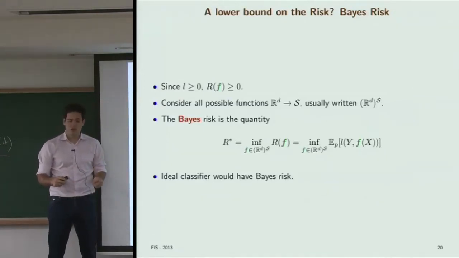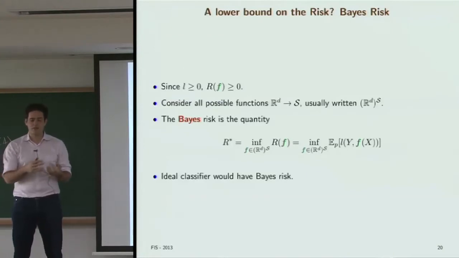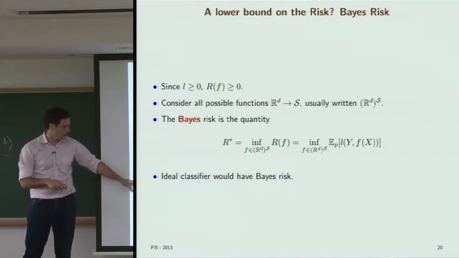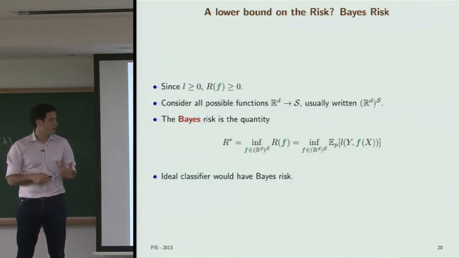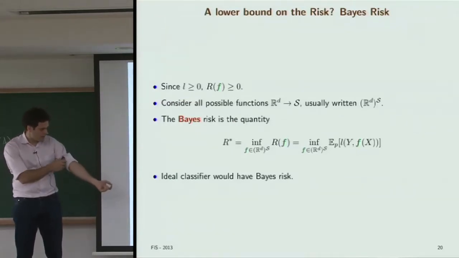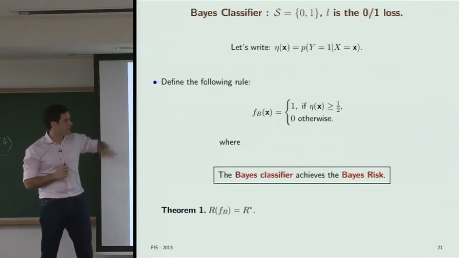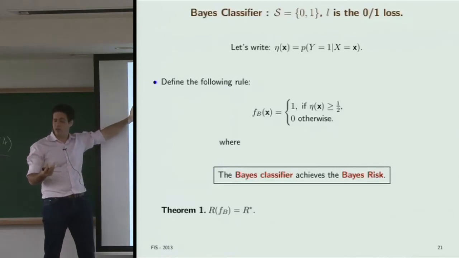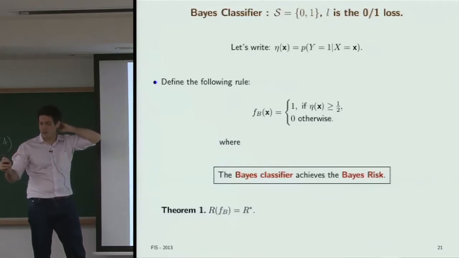Okay? The name Bayes is used in different contexts. We have Bayes rule, Bayesian statistics, Bayes appears everywhere. Here, the only reason why we call it Bayes is that we assume that we know the probability of x and y. And we will see that if we know that, we can do something quite nice, which is that we can give an explicit formulation for a classifier that achieves the Bayes risk, and that classifier is called the Bayes classifier.